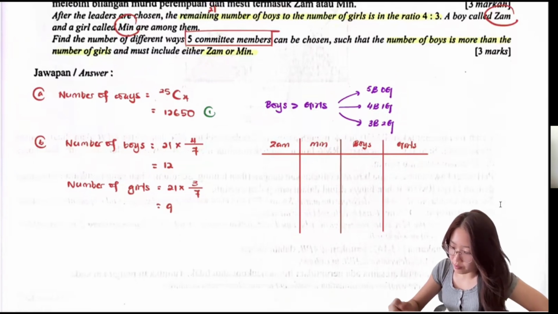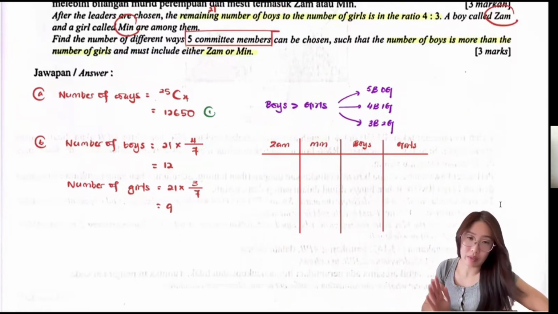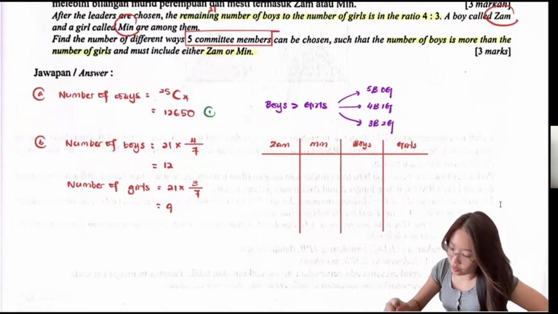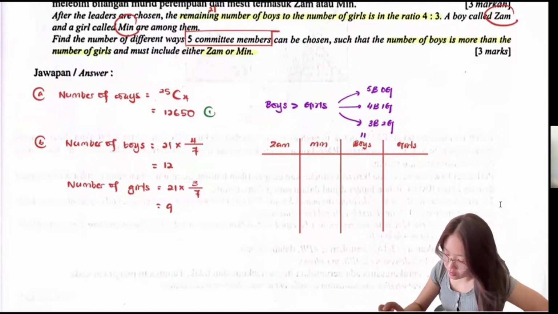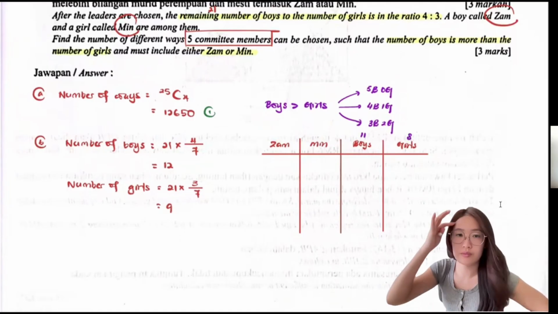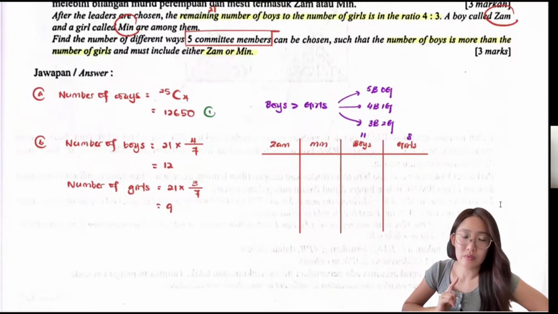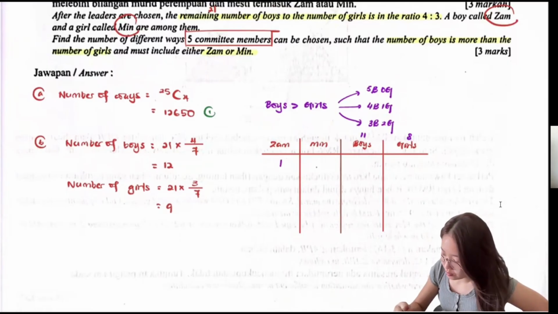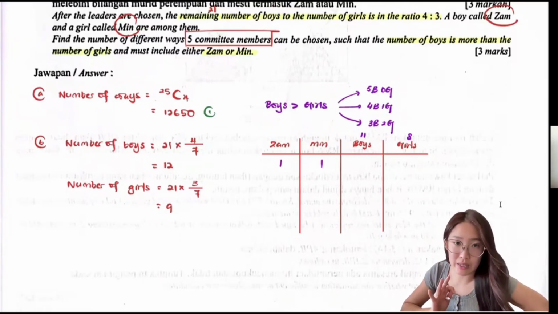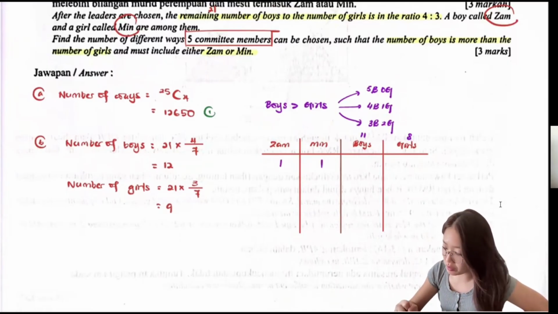Zam is boy, Min is girl. So excluding Zam and Min, your leftover boys, you have 11. Girls leftover, 8. Let's say right now, I include both people, Zam and Min. At the end, I need 5 people in total.